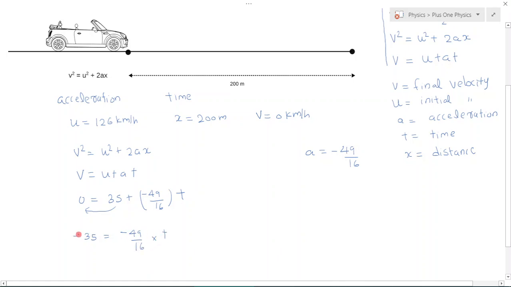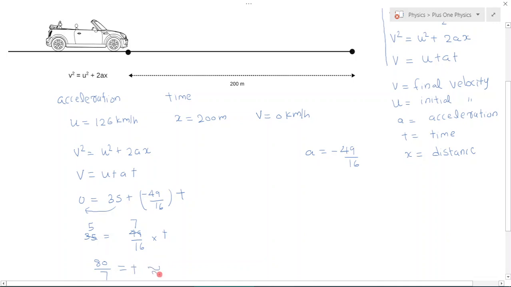So minus and minus cancel. 14 and 35 are multiples of 7. Okay, 7. So 16 can be multiplied by 5, then 80 will be given, and 80 will be the answer. So 80 divided by 7 is equal to 10.